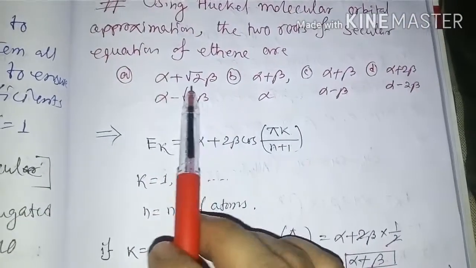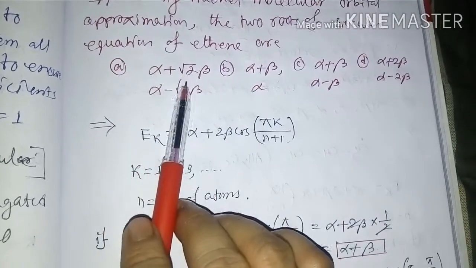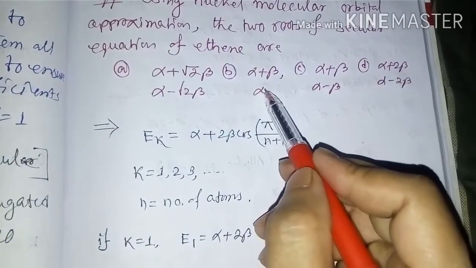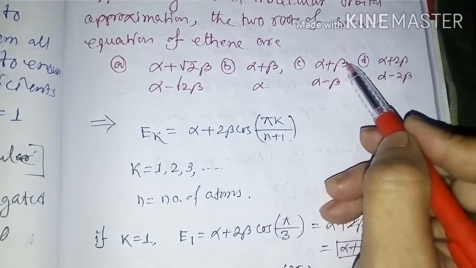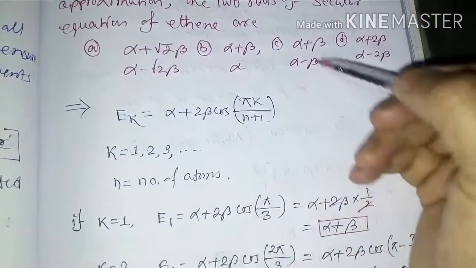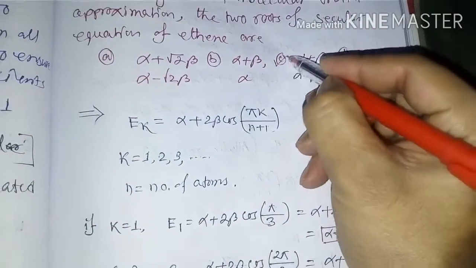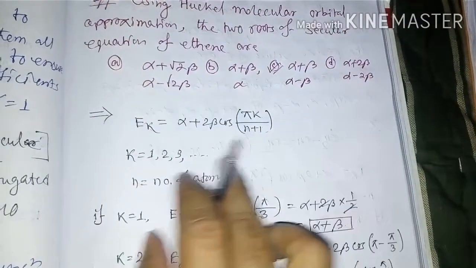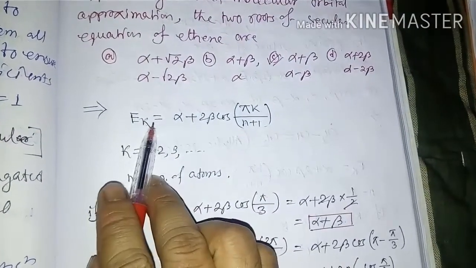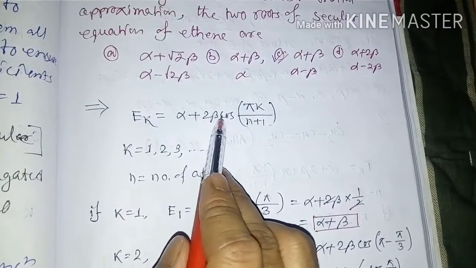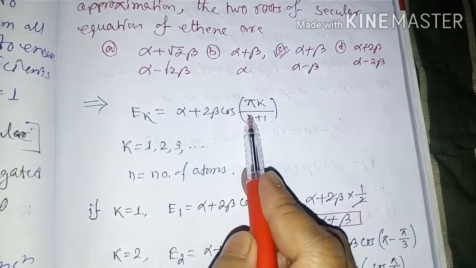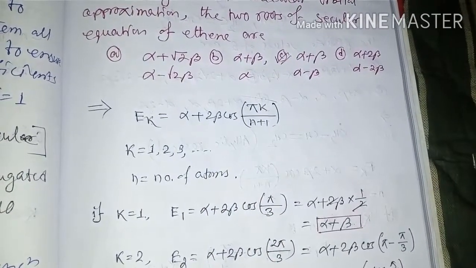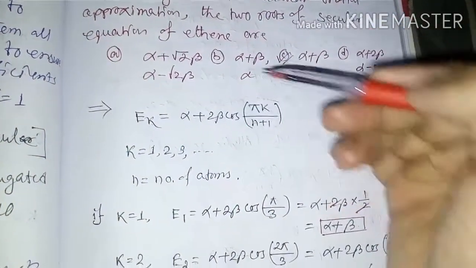So which one is correct? The correct option is alpha plus beta and alpha minus beta. So simple. If you know this formula, Ek equal to alpha plus 2 beta cos pi k divided by n plus 1, you will find this answer easily.